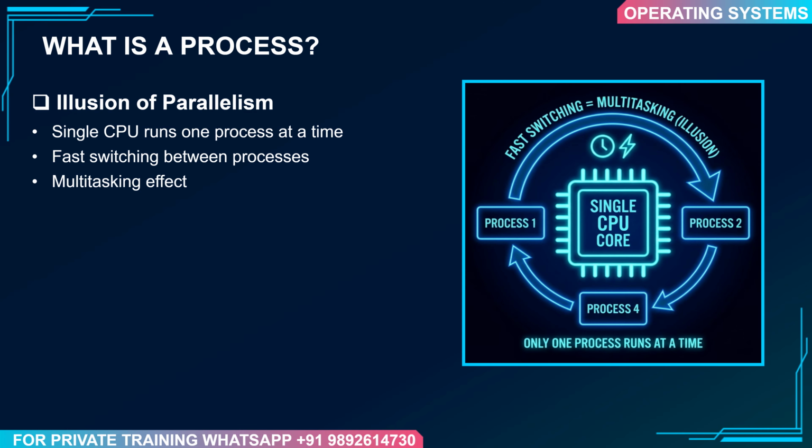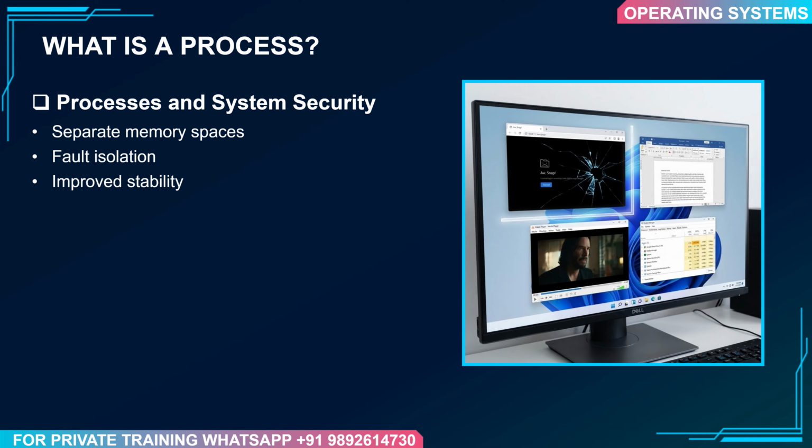We will later study context switching and scheduling to understand how this works in detail. Processes also play a key role in protection and security. Since each process has its own memory space, one faulty or malicious process cannot easily harm others. If one process crashes, it does not usually bring down the entire system. This isolation is one of the reasons modern operating systems are more stable than older ones.